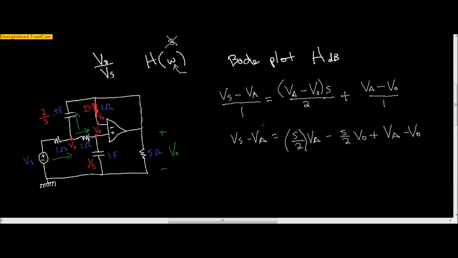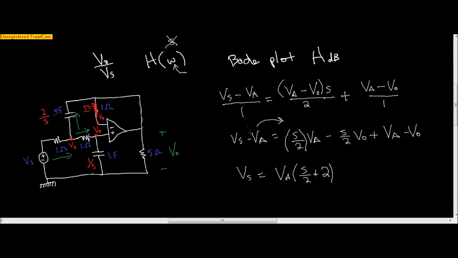So we can move Va over to this side. So Vs will equal Va times (s over 2 plus 2).